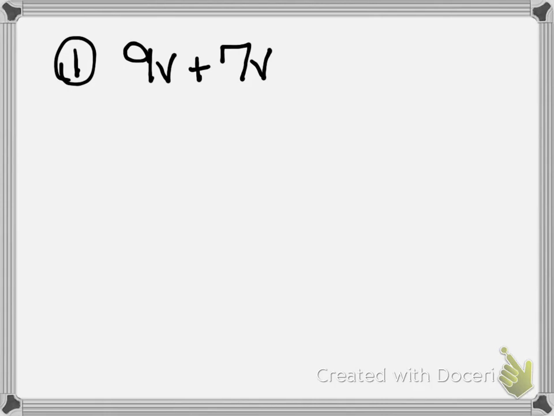This variable is the first thing, and the exponent on the variable is the second thing. There's an understood exponent on both of these v's. Do you know what that is? If you said the understood exponent was a 1, you were exactly correct.